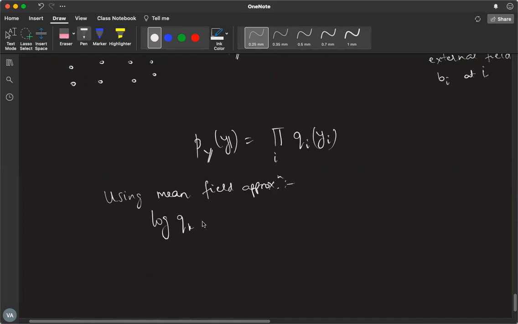So my log of qk is equal to the expected value of q minus k, right? This is simply the formula which we read, log of p star. So p star is here, p of y.